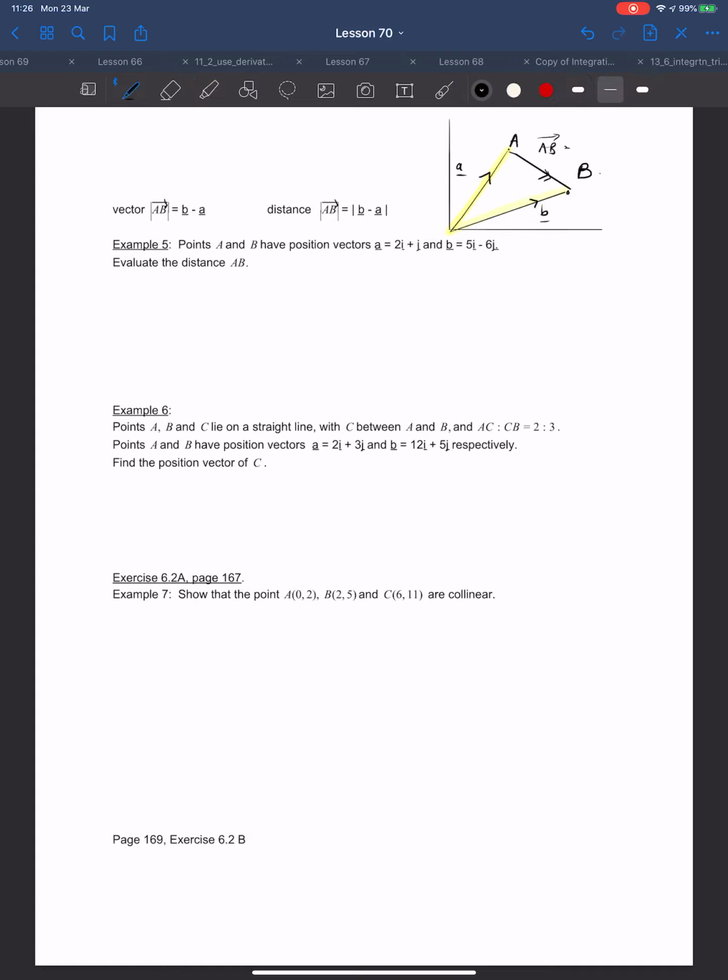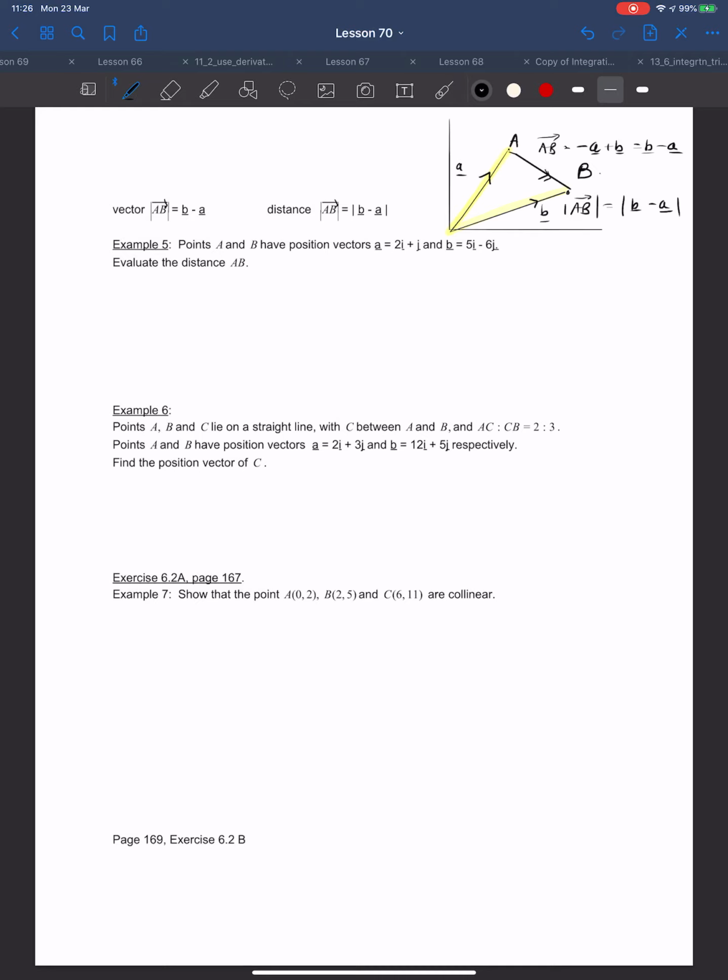So A to B is minus a plus b, which we can write as b minus a. So it's the second letter, take away the first letter. So using the magnitude, the length of A to B is therefore the length of the vector b minus a.